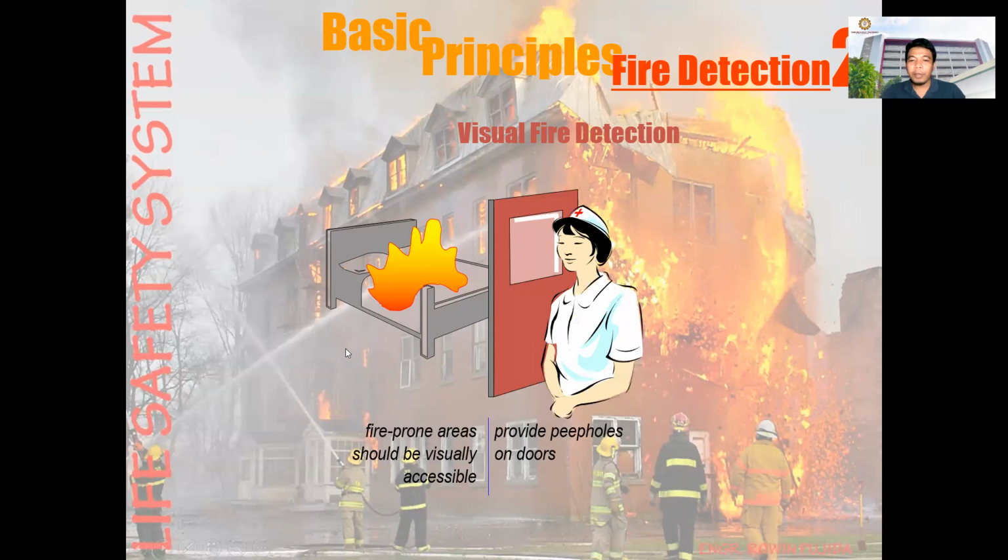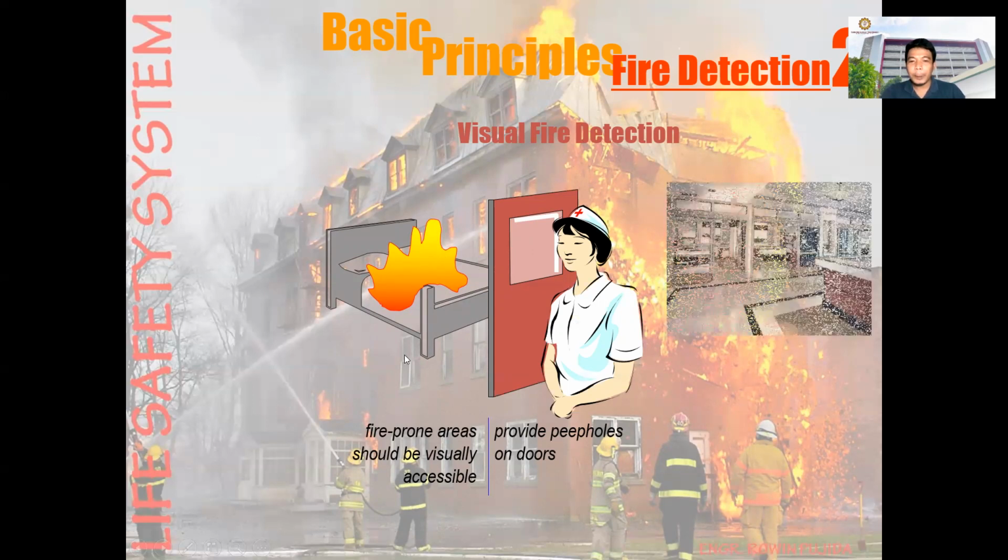Then provide peepholes on doors. So mostly in hospitals, you have here the glass or the peepholes so that you can see the rooms or the compartments. Another, they just use sliding glass doors.